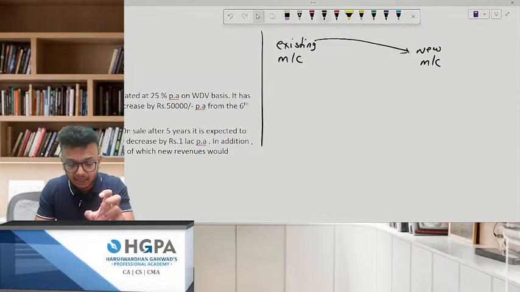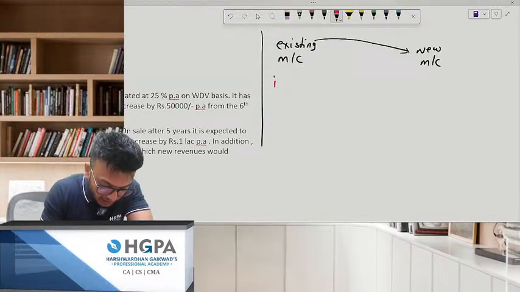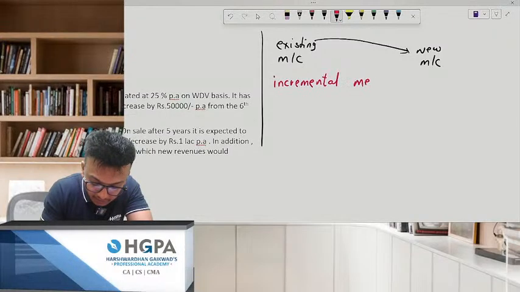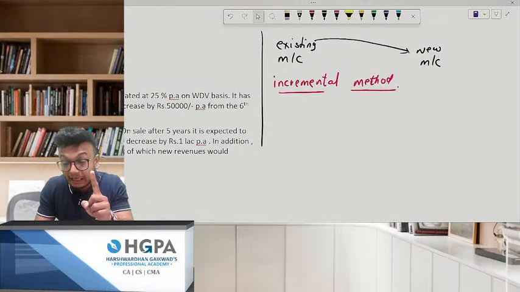This is the concept. Now, when you're doing this, there is a method called the incremental method in your replacement concept itself. What is the meaning of incremental method? It means that you need to compute everything.